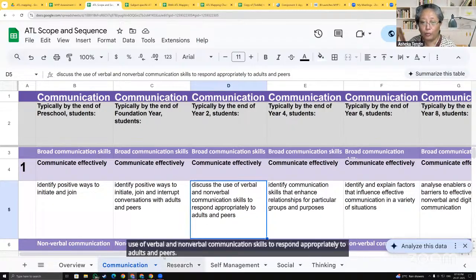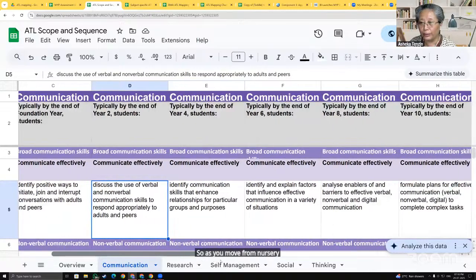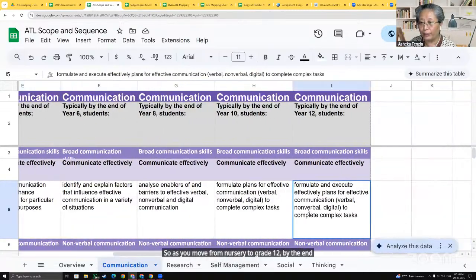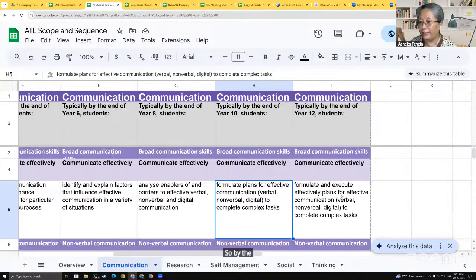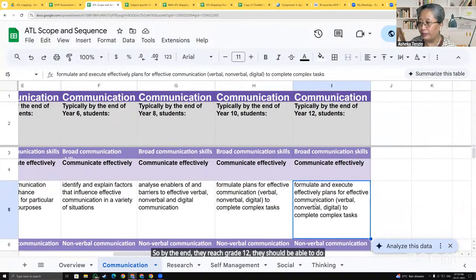As you move from nursery to grade 12, by the end of grade 12, we want the students to formulate, plan, and execute effectively plans for effective communication, verbal, non-verbal, digital, to complete complex tasks. By the time they reach grade 12, they should be able to do this skill in this way.